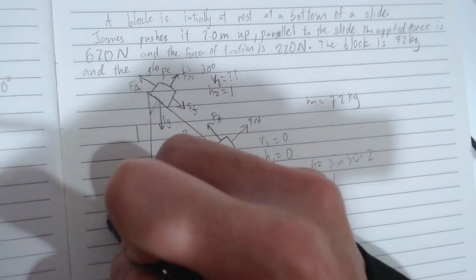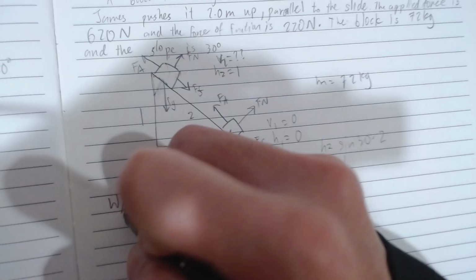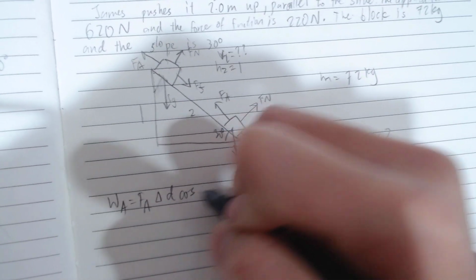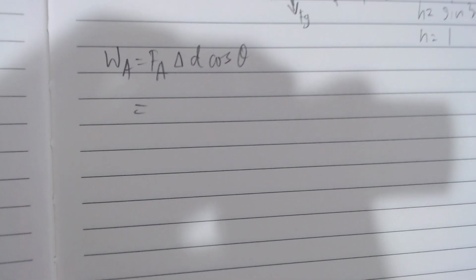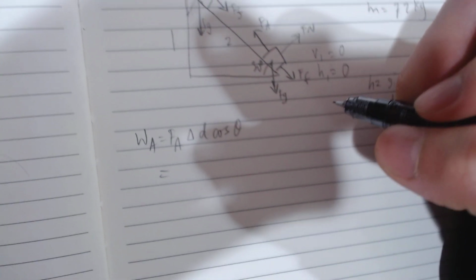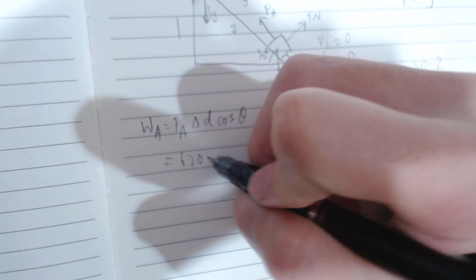So let's start with the work of the applied force. You all know that one of the work equations is this one: work equals force times displacement times cosine theta. We should all know that by now. Force of applied was 620. The displacement was 2.